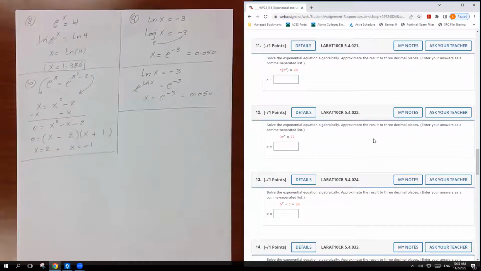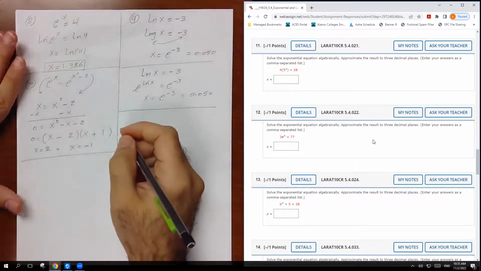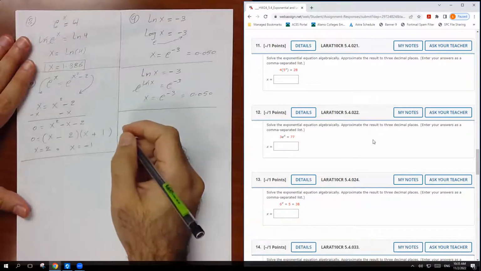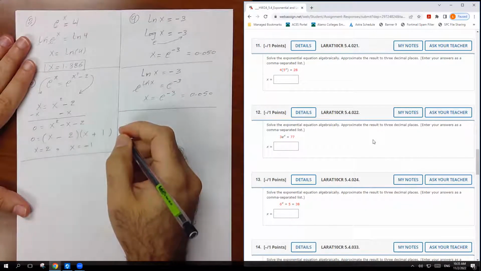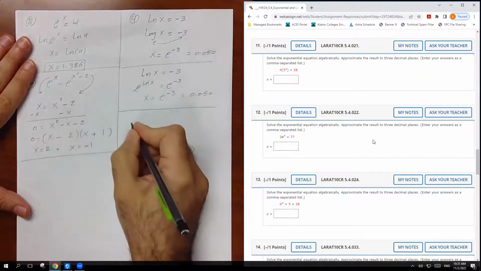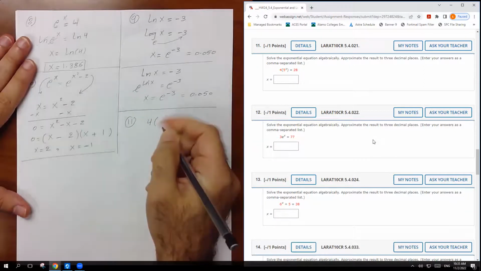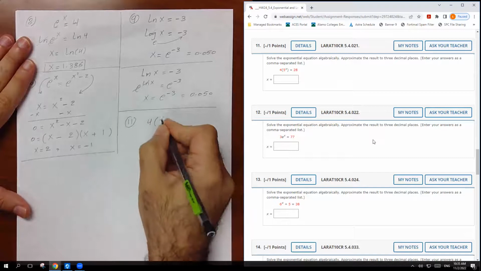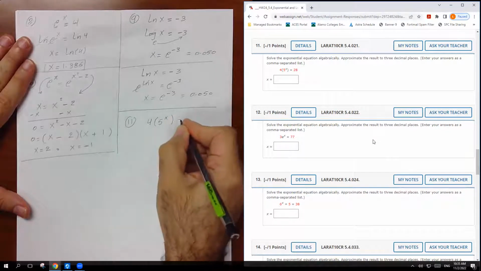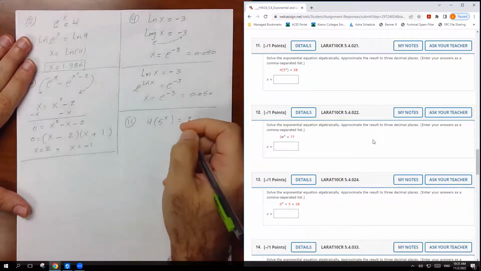Example 11. We have 4 times 5 to the x equals 28.